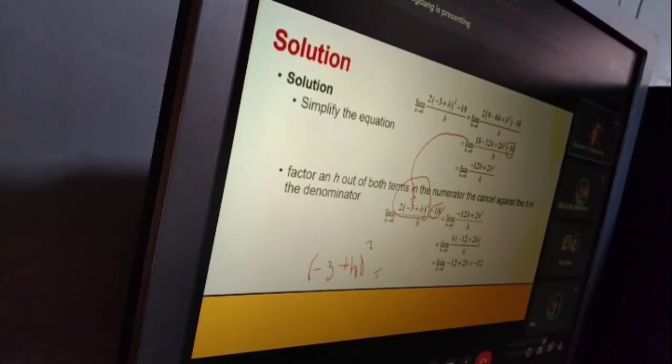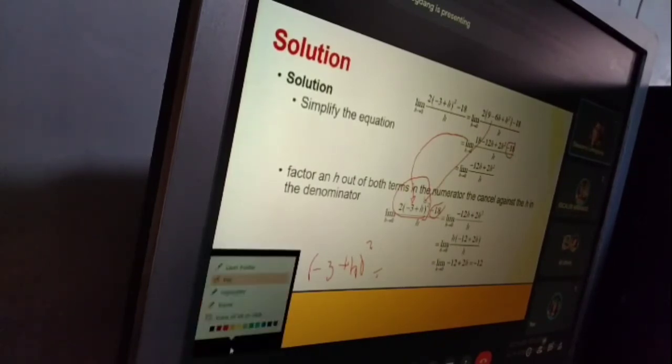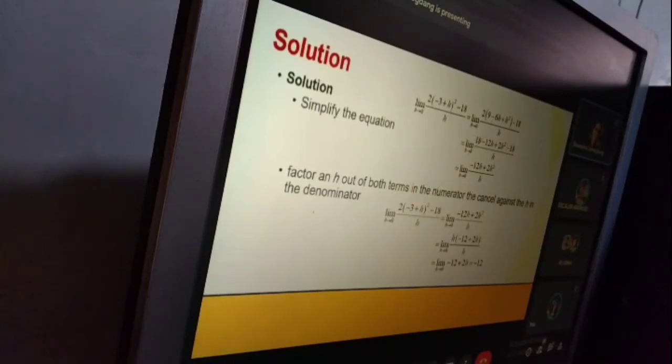Ibig sabihin, yung 9 minus 6h plus h squared, nag-factor tayo ng 2. Klaruhin ko ulit para mag-gets mo.